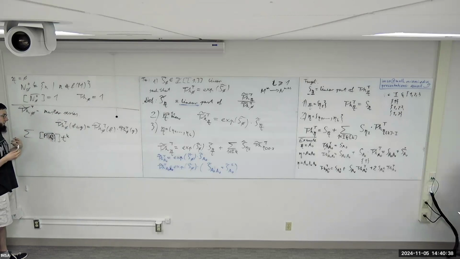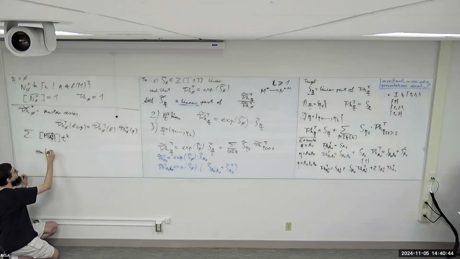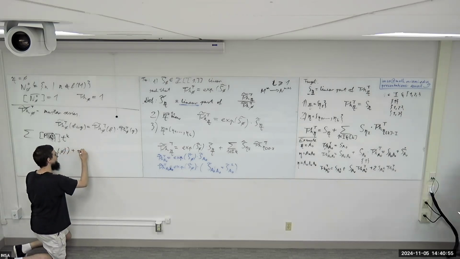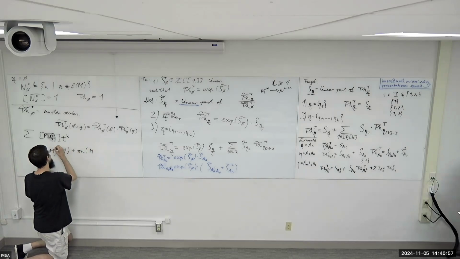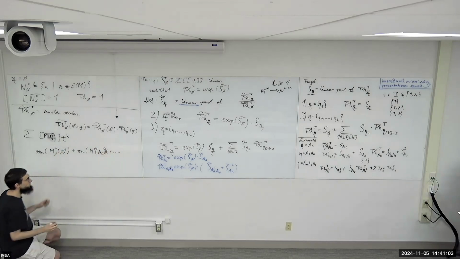But if we change this to SSM classes, then I get SSM of m, I call this η of the empty set, plus SSM of η(a0) times t, plus, and so on.